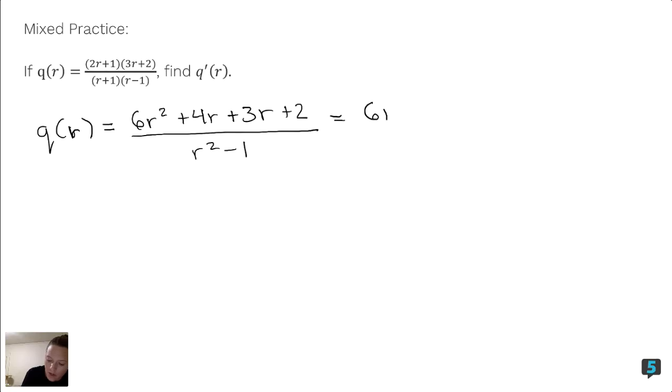That would give us 6R squared plus 7R plus 2 over R squared minus 1. Now, because we did that multiplication up front, now we can just use the quotient rule.